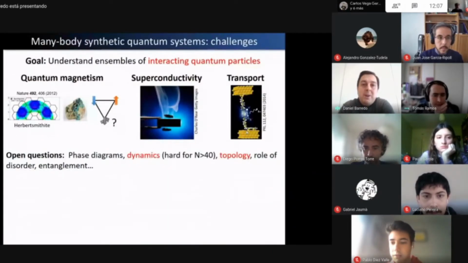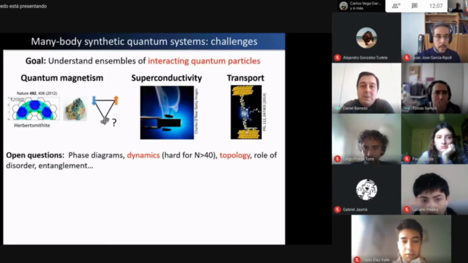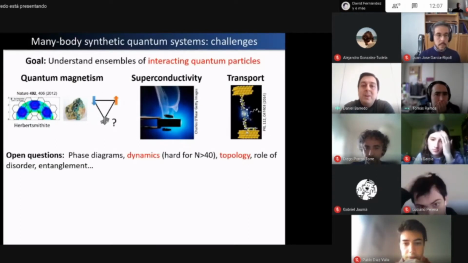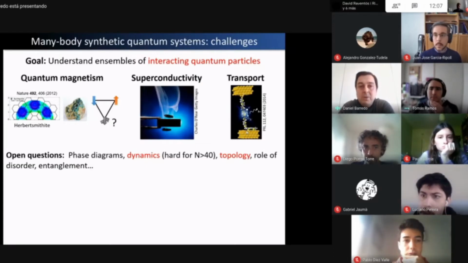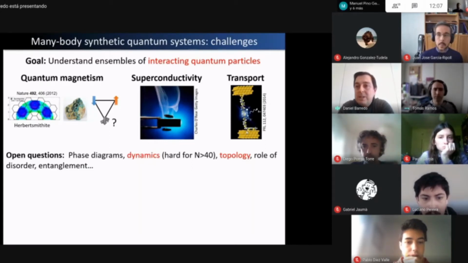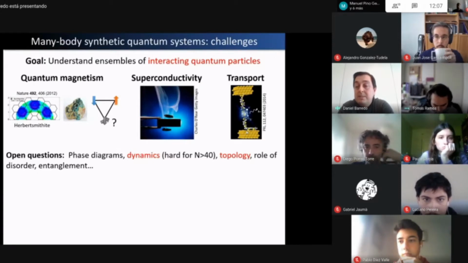As for the motivation for our work, I would say that this is a motivation shared with many of you, because we believe that quantum simulation can help us understand the physics behind complex many-body systems, like, for example, quantum magnets, high-temperature superconductors, or even processes like transport in molecular wires or even biological systems.